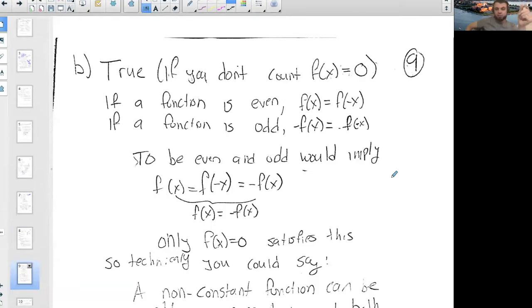And for odd, if I flip the sign of the input, it flips the sign of the output. That's an odd function. So to be both even and odd would mean that both f of x equals f of negative x, but also f of negative x equals negative f of x. But because of how equality works, if 2 different things are equal to the same thing, then those things are also equal to each other, right?